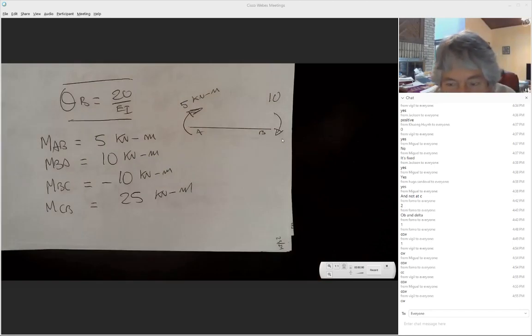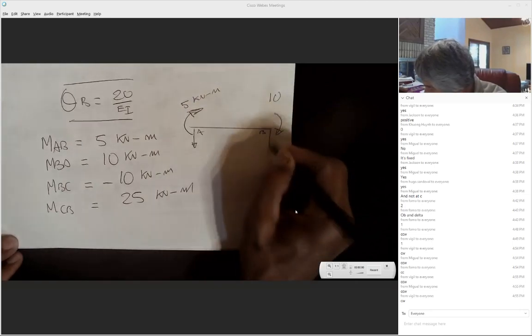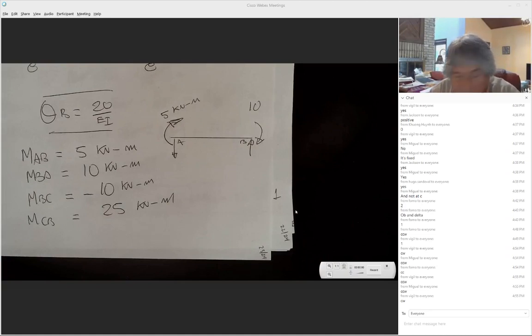As a rule, most of the time, whenever you have no load in the span, these two moments are going to come in the same direction. To compute the reaction or the shear force, they have to be down, that has to be up. Right?